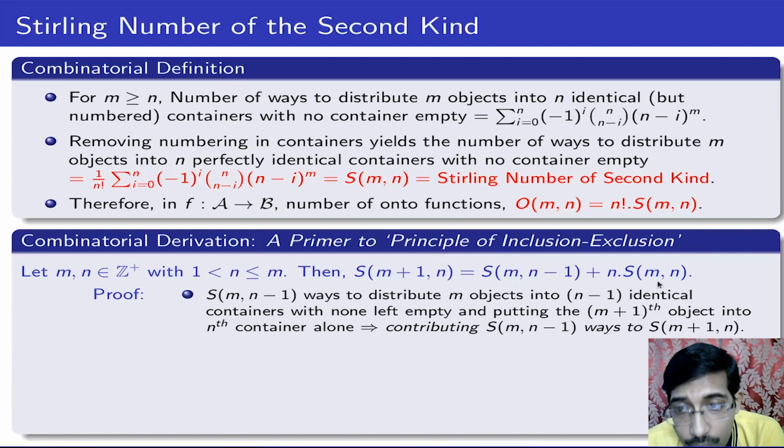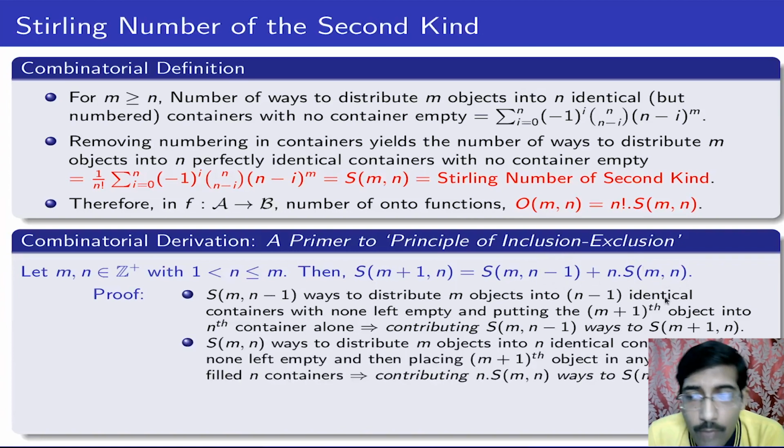However, if we do not allow that last container, the other option would be that I just distribute m objects into n identical containers. Now the m plus 1th object I can put in any of these n containers. So it results in n ways to put this m plus 1th object. I can have the m plus 1th thing in the first, in the second, or in the nth container.